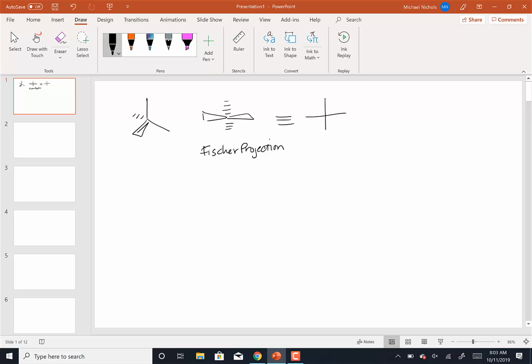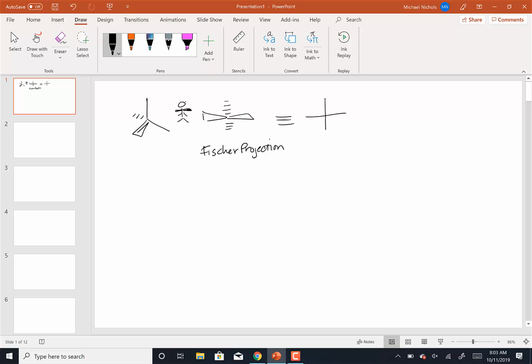So the molecule is oriented so that the two positions horizontally are towards you. And you can remember this by a bow tie. So these are sometimes called bow tie structures, just to get the horizontal in the right position. So this is called a Fischer projection.